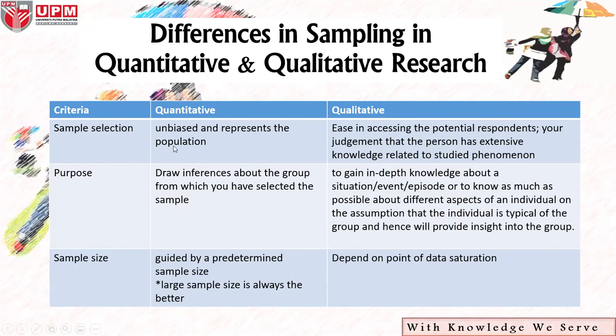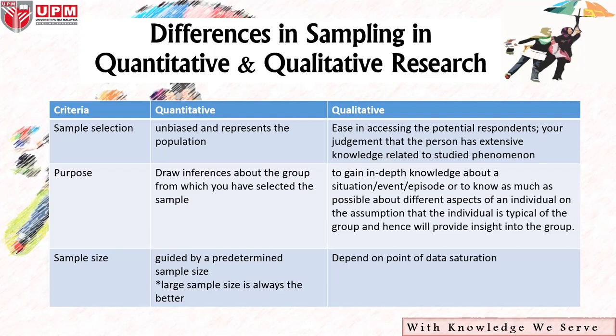Okay, and then in terms of purpose, for quantitative we want to draw inferences about the group from which you have selected the sample. The purpose of sampling in quantitative is that we want to pick the sample that can represent the whole population. Representation. We want to make inference from the sample that we collected to the population.